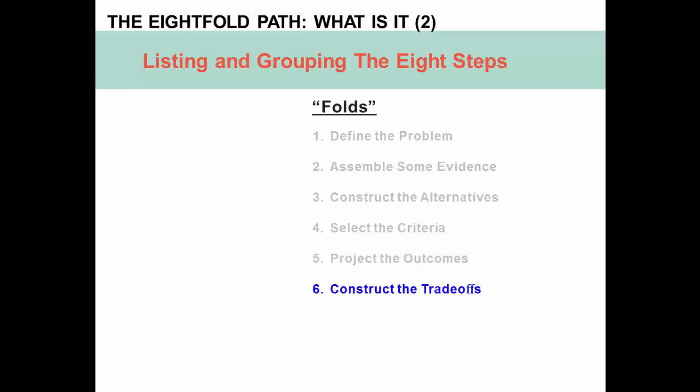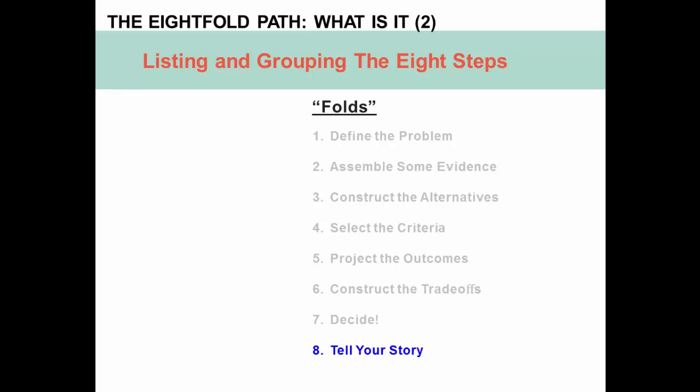Sixth, construct the trade-offs. Seventh, decide. And 8th and last, tell your story. In our course, we'll be going over each of these steps very carefully with a unit devoted to each one. But let's look at how each of them might be grouped.